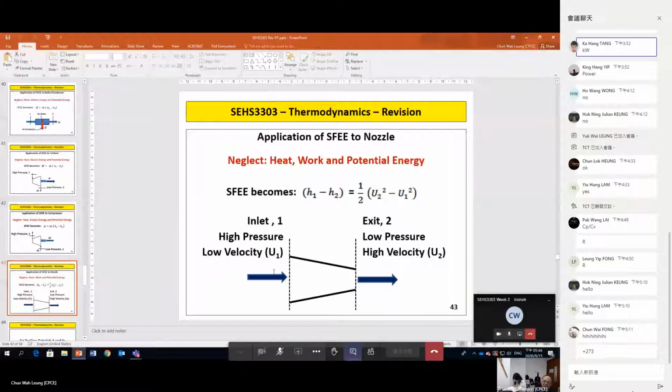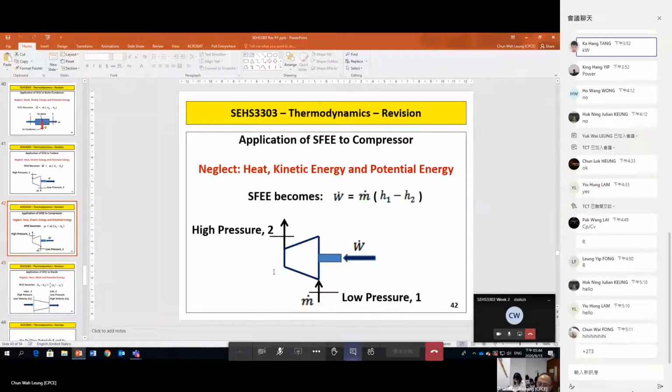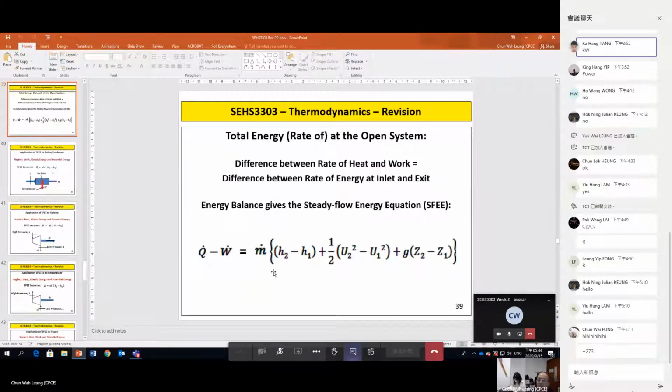So the entrance of the nozzle is usually at a high pressure, but low velocity. And then we expect that the velocity will be increased to a very high velocity at the exit. But the steady flow energy equation still applies.